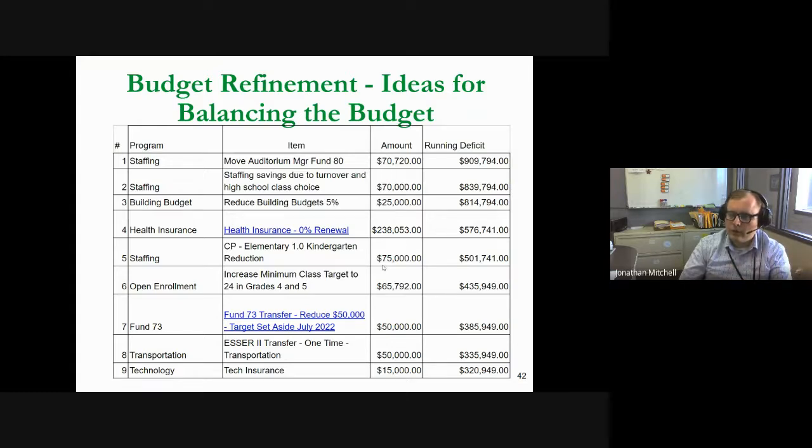Bringing in additional revenue and allowing parents to make that choice, whether they would like to pay an insurance fee for the year of $15 or pay a higher charge if there is damage to the device during the year. So these items are ideas that are being discussed that could bring the current budget deficit from $980,000 to $320,000. So still additional work that the team will have to work through.